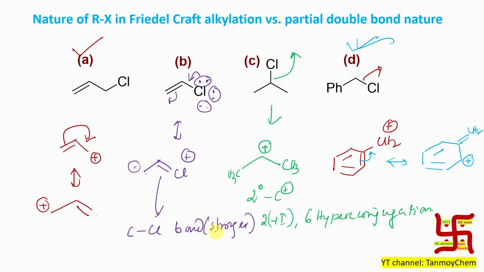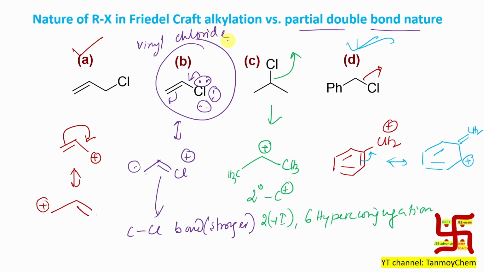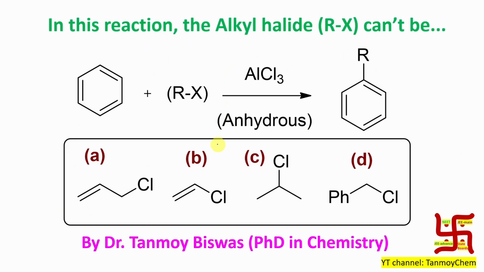So that is the reason, because of this partial double bond nature, this molecule, whose name is vinyl chloride, cannot undergo Friedel-Crafts alkylation reaction. So here, which alkyl halide cannot be used in this reaction, that is option B. So this is the right answer.